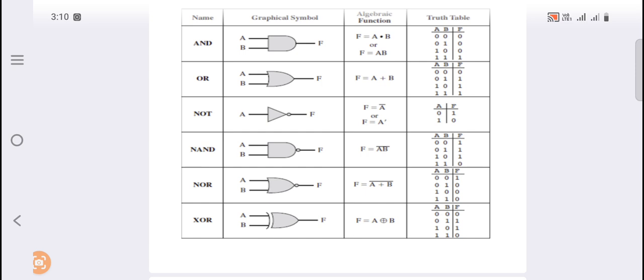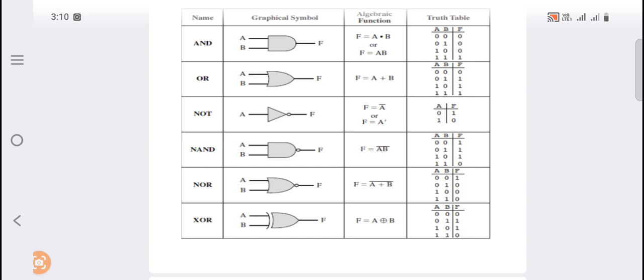AND gate. An AND gate output is 1, or high, when all of its inputs are 1, otherwise its output is 0. OR gate.